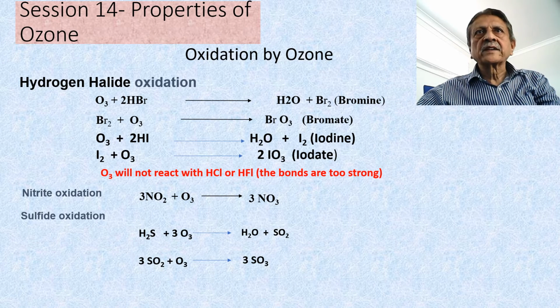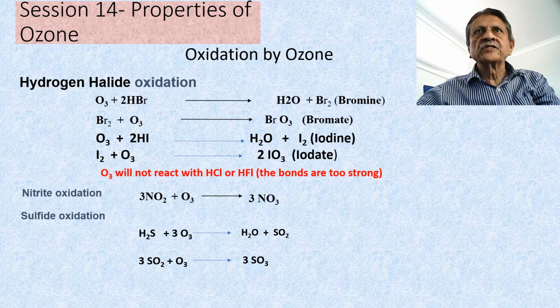We know that fluorine, bromine, chlorine, iodine, all these are part of the halogen group, and they have got very similar reactions with ozone.